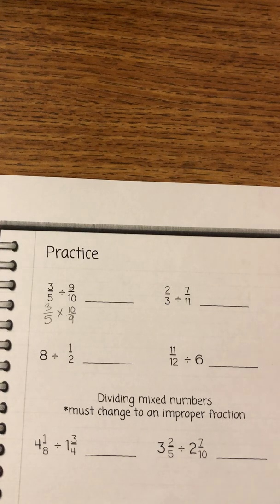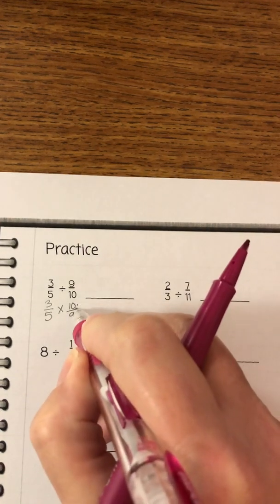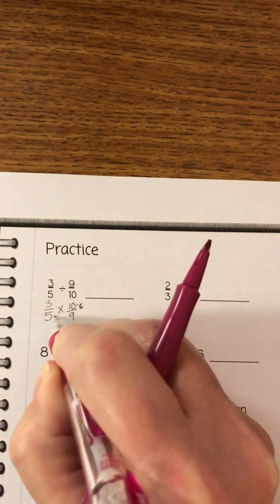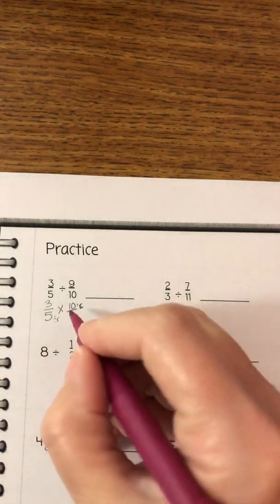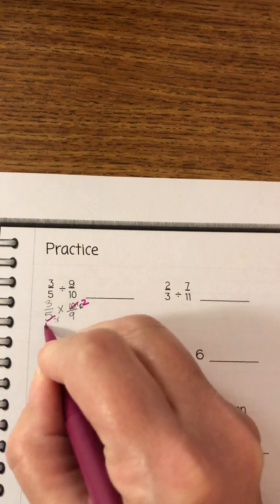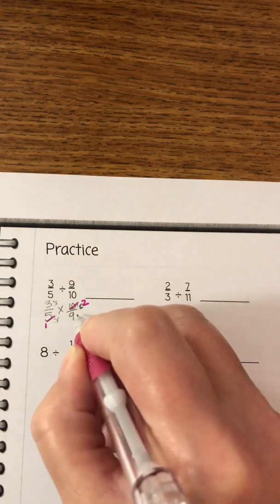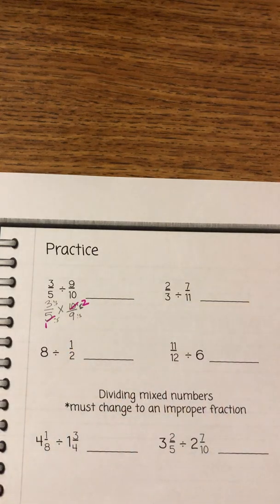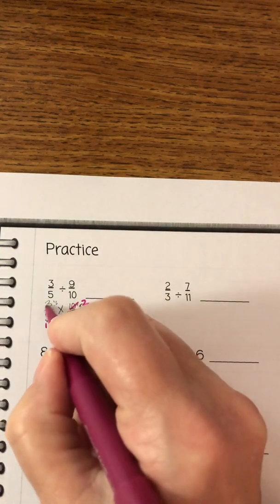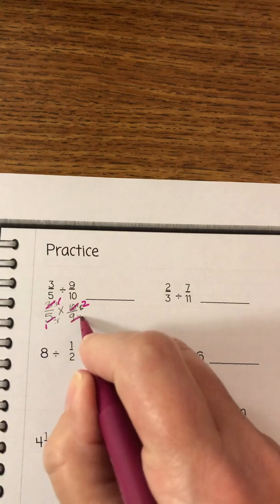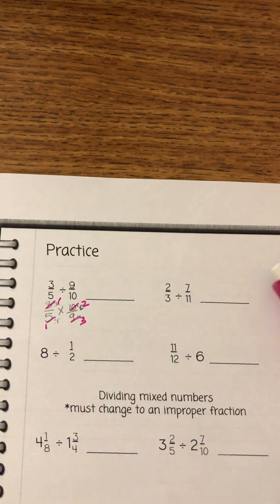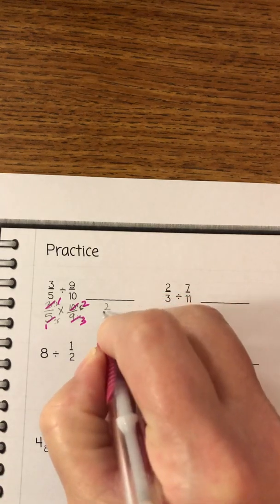Well, we can do it here as well because we can divide 10 by 5, 5 by 5, so that's 2 and 1. And we can do the 3s. So that's 1 and 3. So now multiply straight across because now you have a multiplication problem. So that's going to be 2/3.